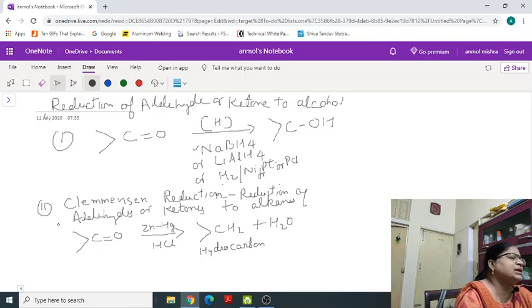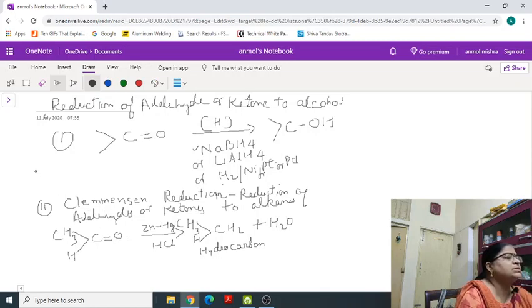You can take the example, suppose you have taken formaldehyde, so the compound formed will be methane. If you take acetaldehyde, then the compound formed will be ethane, and so on.